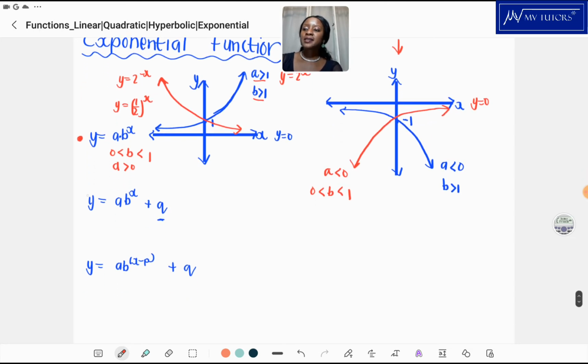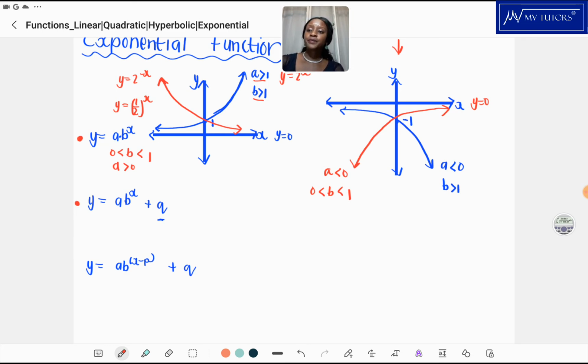If we look at the second one here, where there are now shifts, which is what you learned in grade 11, the shifts happening are the vertical shift as well as the horizontal shift. Here it's just the vertical shift. Once your exponential function shifts up and down, what that affects is your asymptote.